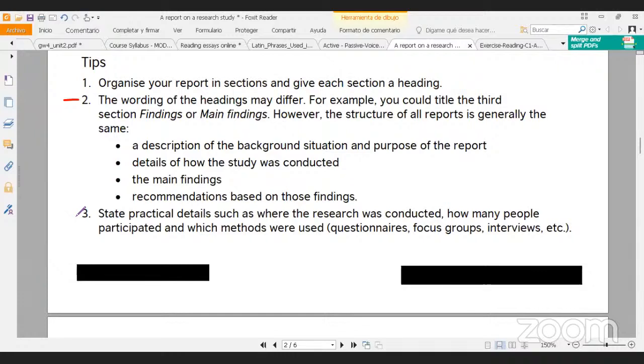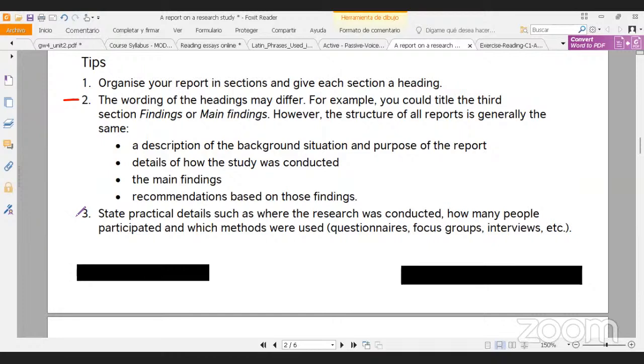The wording of the heading may differ. For example, you could title the third section finding or main finding. However, the structure of our report is generally the same.